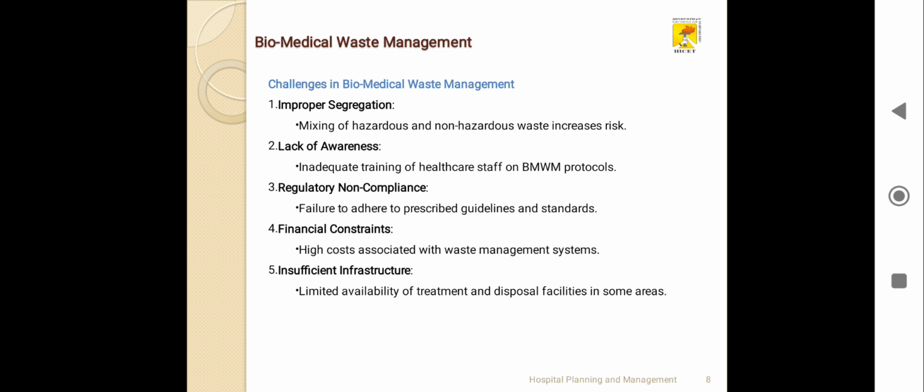Failure to adhere to prescribed guidelines: some hospitals fail to follow national and international standards. High cost associated with waste management systems is why they fail to follow them. And there is limited availability of treatment and disposal facilities in some areas. These are the challenges in biomedical waste management.